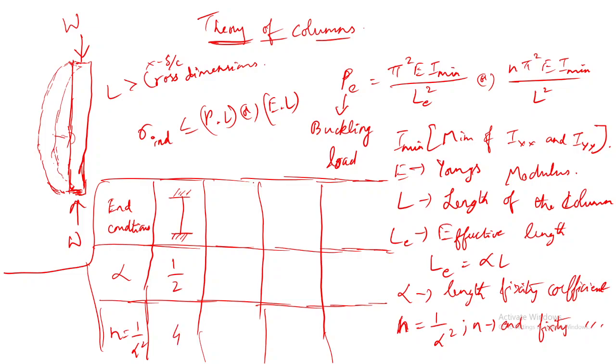Yeah, and the other condition is one end fixed and another one hinged, and for this the alpha value is 1 by root 2, and here you will be having 2. If the column is both ends hinged, you will be having alpha as 1 and n as 1. And if the column is one end fixed and the other end is free, then you will be having alpha as 2 and n as 0.25.